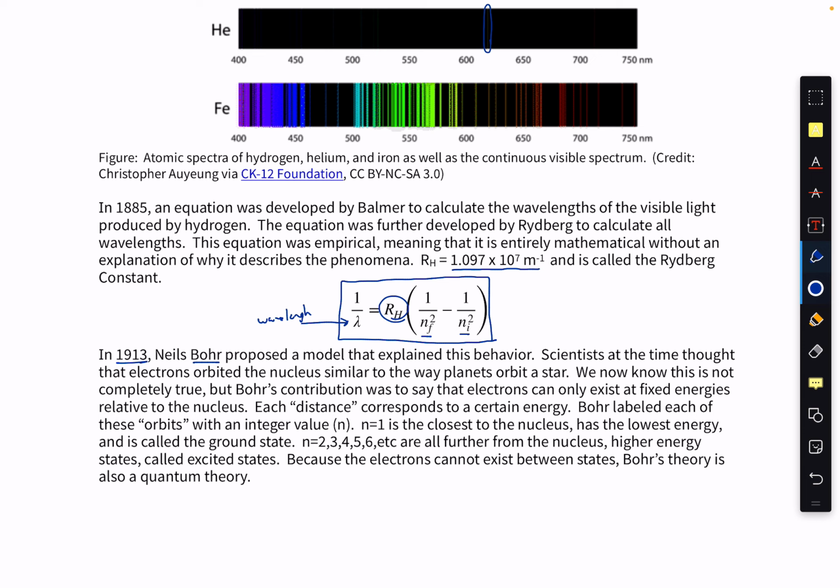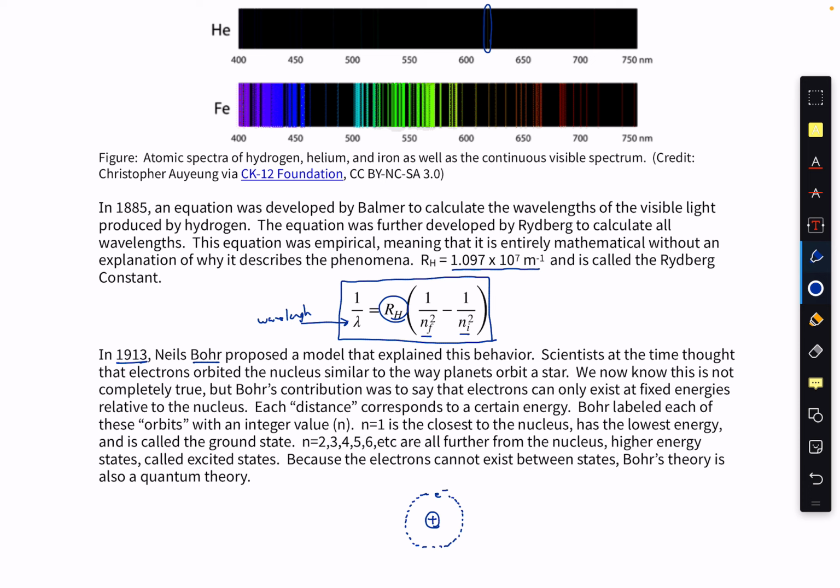What Bohr basically said is that you have your nucleus in the center with a positive charge, and you have your electron that under normal circumstances is going to be at a fixed distance from the nucleus. Kind of like an orbit of a planet, except remember that the atom is three-dimensional. Our solar system looks a little bit more two-dimensional than this, kind of like I'm drawing flat on the picture here.